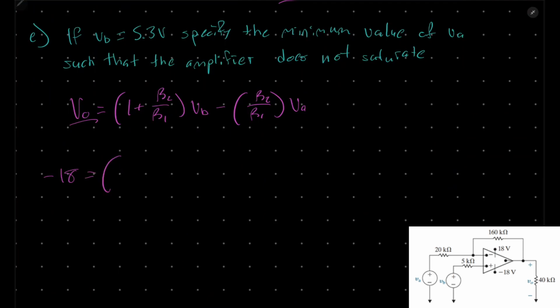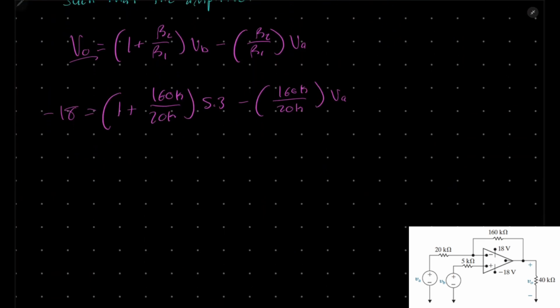Equals 1 plus 160K divided by 20K times VB, which is 5.3, minus 160K divided by 20K times VA. So we will just solve this using algebra. Very simple algebra.